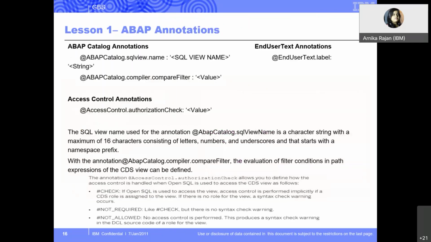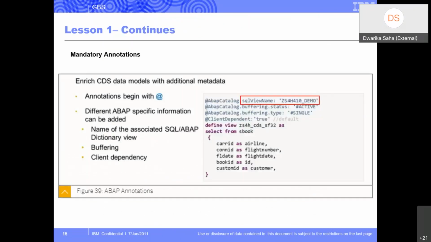Do we need to keep these annotations by default? I mean, which ones are mandatory? The mandatory one will be AbapCatalog.sqlViewName.